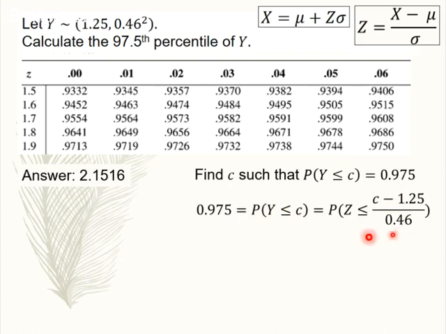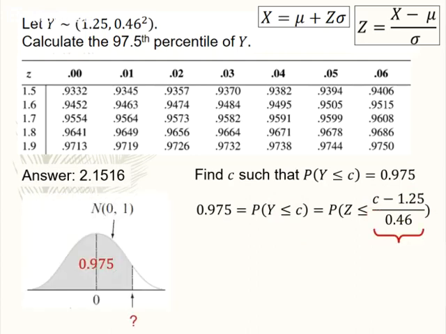So that means now, okay, I don't have a table for this, but I do have a table for this. And from that table, I can find what this value is. This value corresponds to where I have my question mark here. So I know the area to the left is 0.975, and then I need to find this value here.